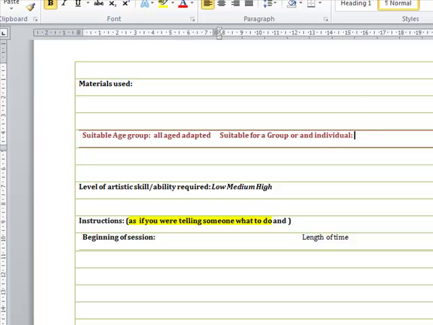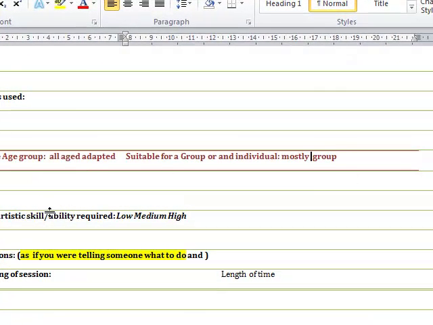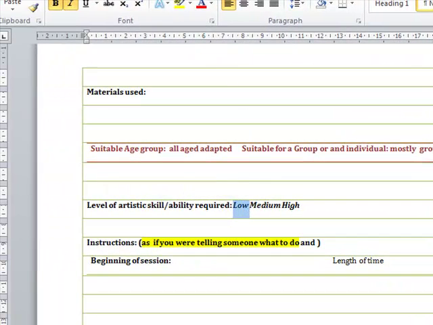So suitable for group or individual, mostly group, but could be for individual as well. So the level of artistic skill, you know, fairly low, I would have thought.